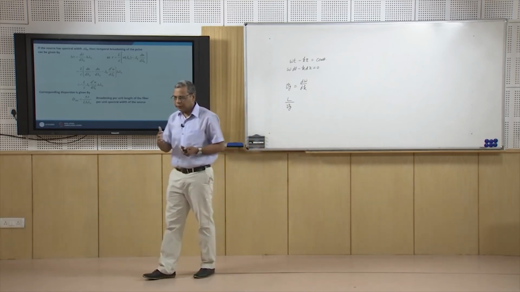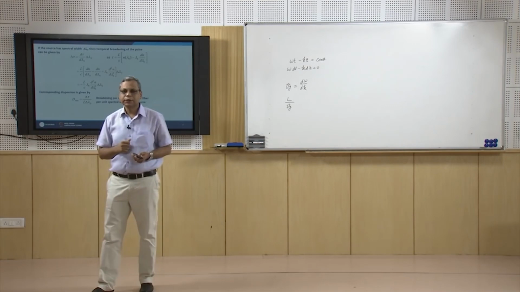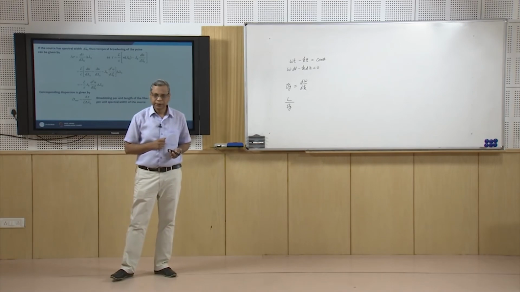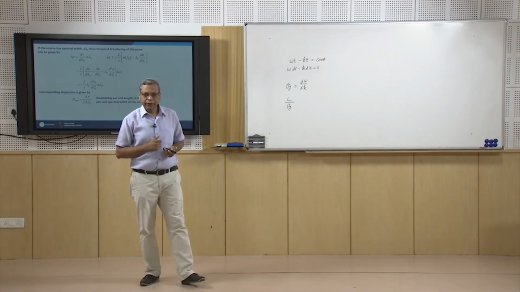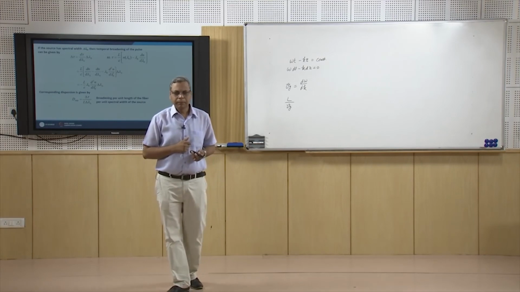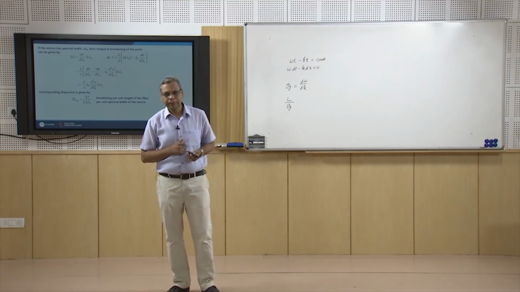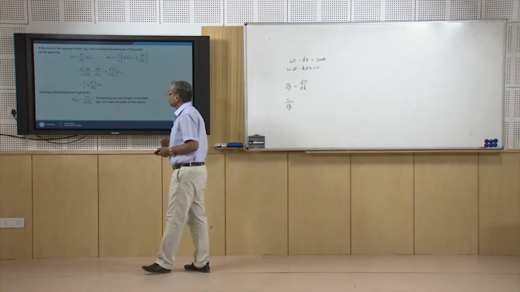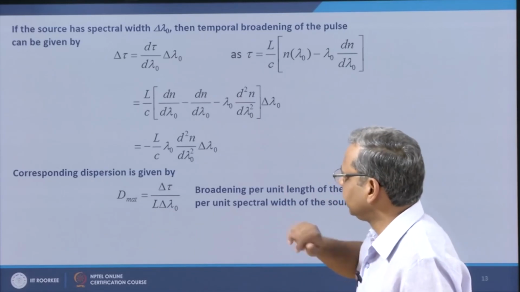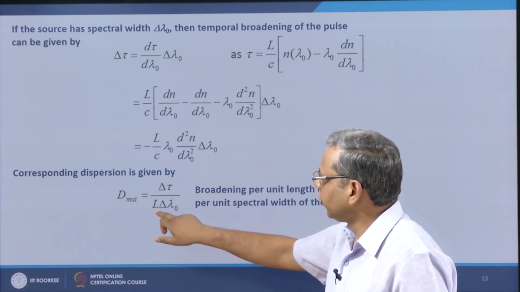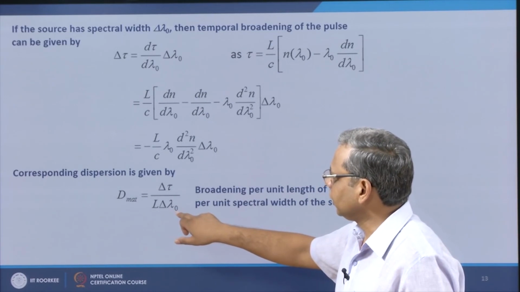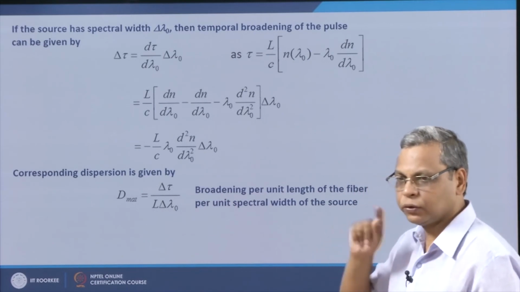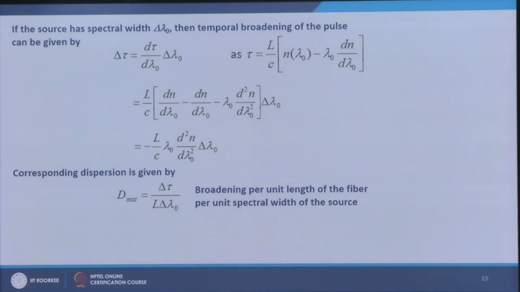Since the fiber length is measured in kilometers and the line width of the source is measured in nanometers, I find the broadening of the pulse per kilometer length of the fiber and per nanometer spectral width of the source, and so the dispersion coefficient is given as delta tau divided by per kilometer length of the fiber per nanometer spectral width of the source, and we usually represent this delta tau in picoseconds per kilometer nanometers.